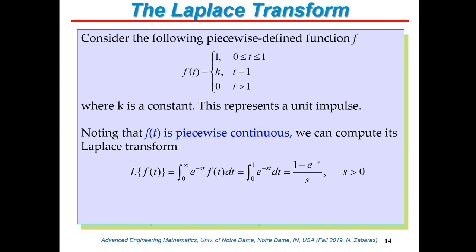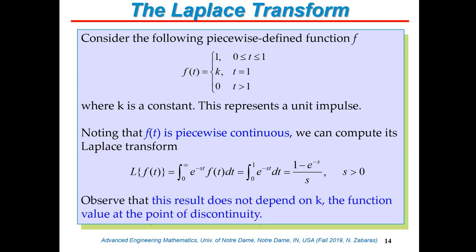We're not really interested in this particular Laplace transform, beyond the fact that I wanted to emphasize that this finite discontinuity here has not contributed at all to the evaluation of the Laplace transform. So it has not changed, so there's no k dependence, as you can see, on the Laplace transform.